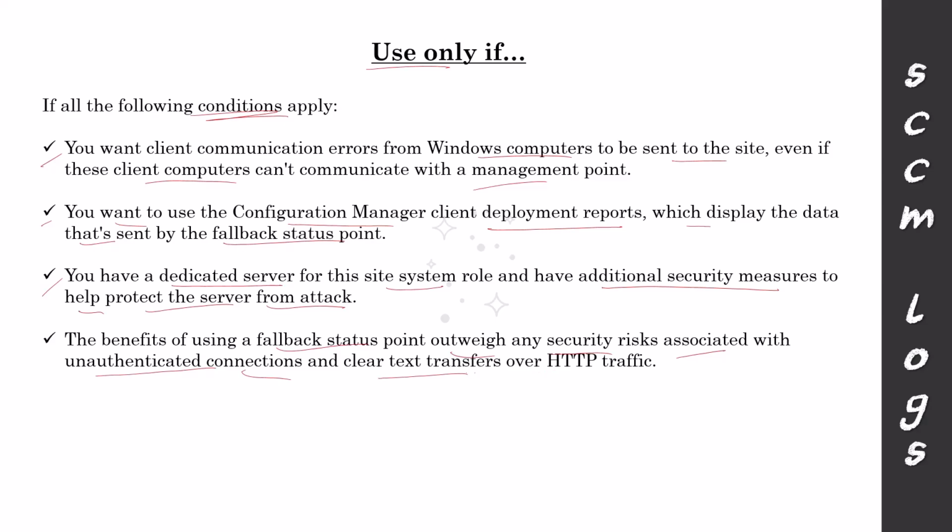So if you think it is required in your environment, and you have a dedicated server for this, and you have the additional security measures as well, then it is good to use the FSP role.